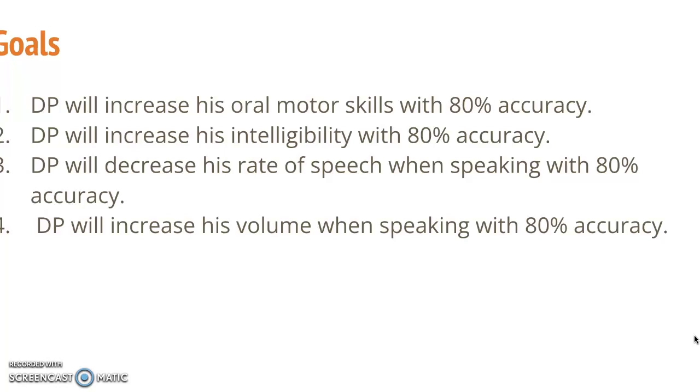Some of DP's goals are: DP will increase his oral motor skills with 80% accuracy. DP will increase his intelligibility with 80% accuracy. DP will decrease his rate of speech when speaking with 80% accuracy. DP will increase his volume when speaking with 80% accuracy.